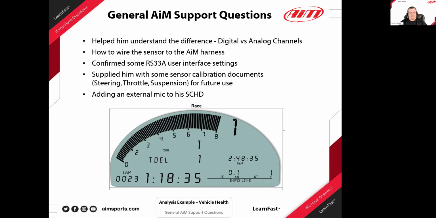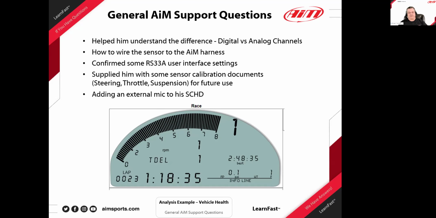He had some questions, and it makes all the sense in the world to me, since he was talking about an on and off, right? The AccuSump is either pushing oil into the engine, or it's not. So he was thinking it was going to be a digital channel, but in effect, the way the sensor worked was it was 0 volts or 12 volts, and that's what we were picking up.